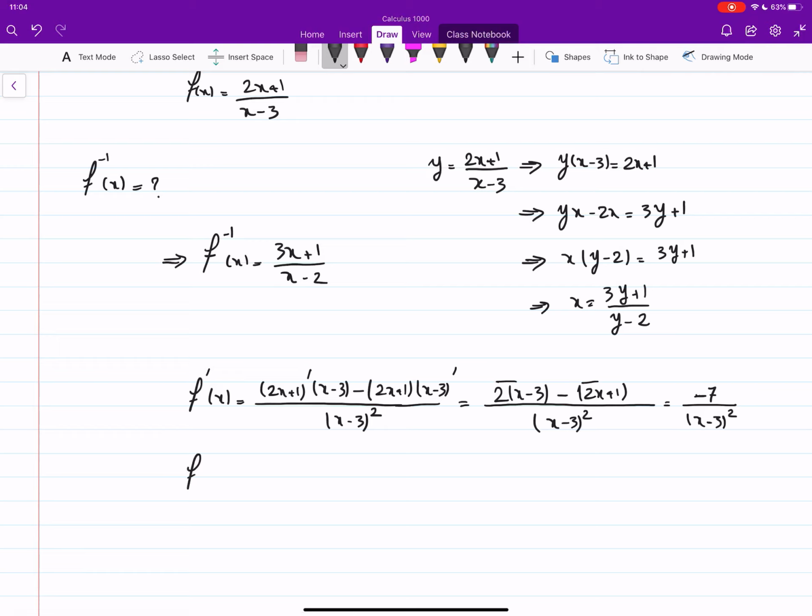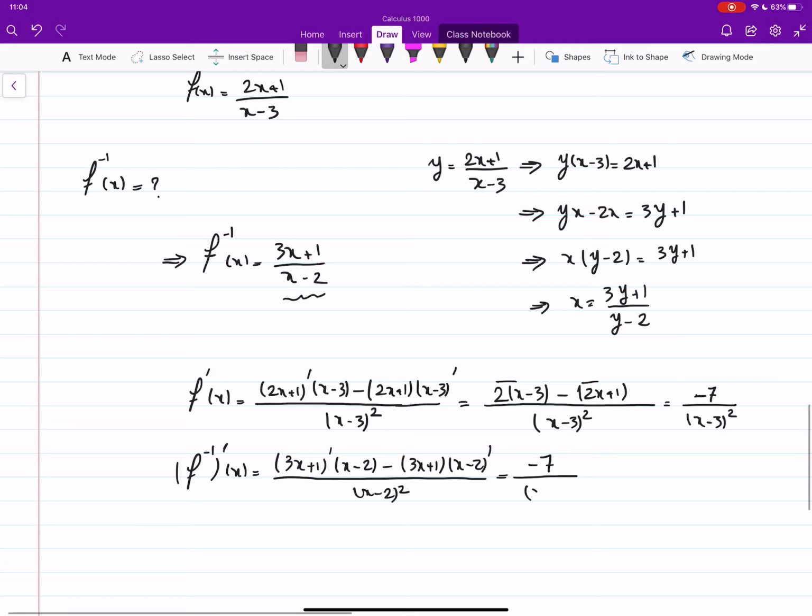What about f inverse prime at x? Find the derivative of this, which is the derivative of 3x plus 1 times x minus 2, minus 3x plus 1 times the derivative of x minus 2, over x minus 2 squared. Do the computation, simplify, and you get minus 7 over x minus 2 squared.